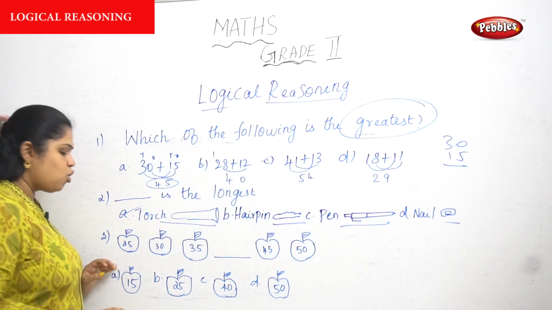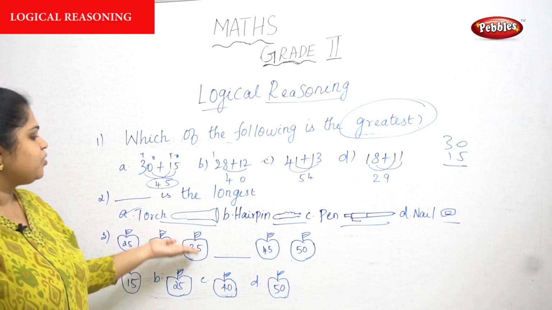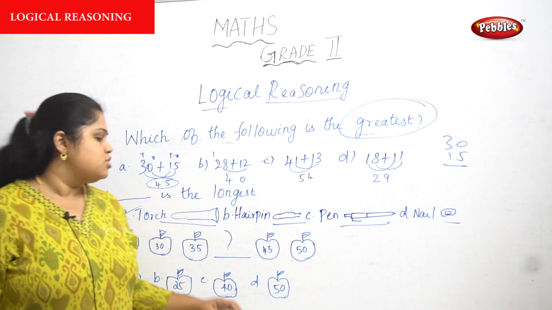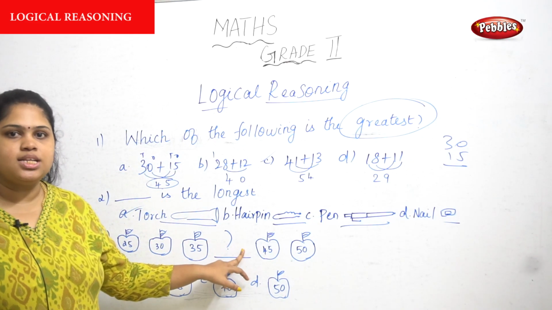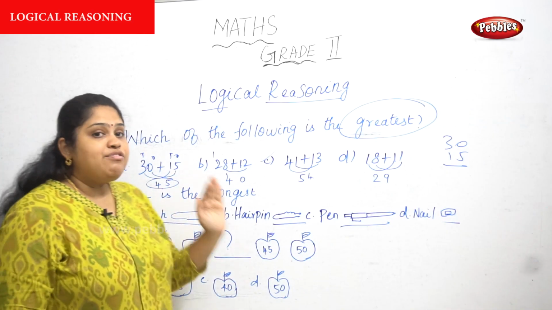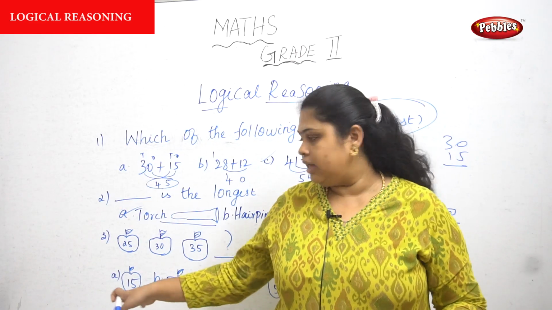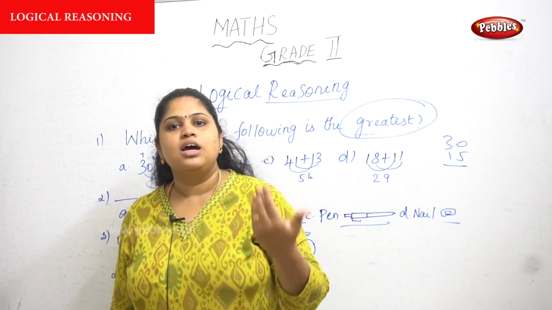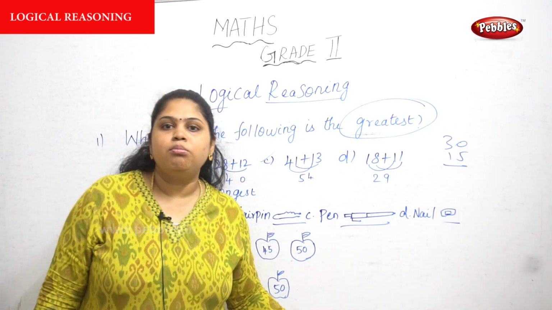Okay, next question 3. See here, 25, 30, 35, and what will be here? 45 and 50. You are going to find the answer. We have seen a lot of patterns like this: skip counting by 2, by 3, 6, 10, 5, etc. This is skip counting by 5.